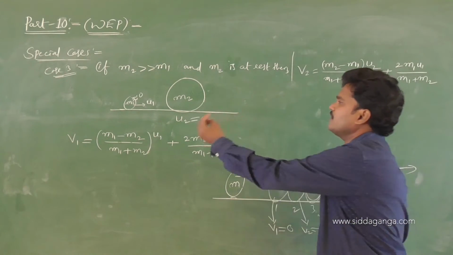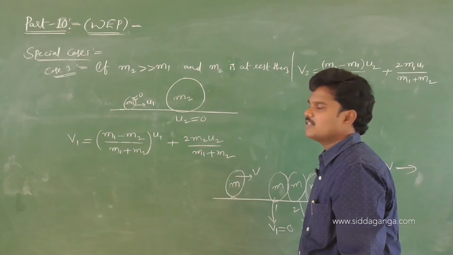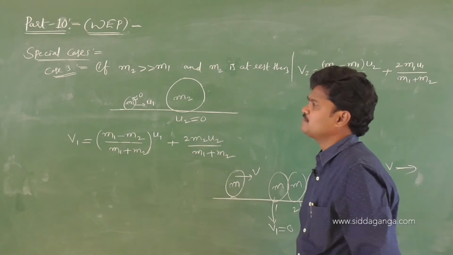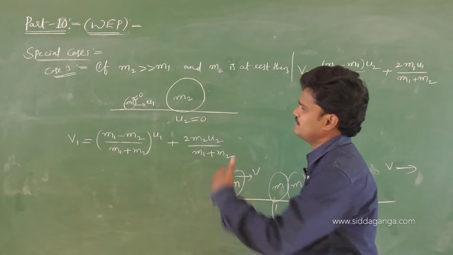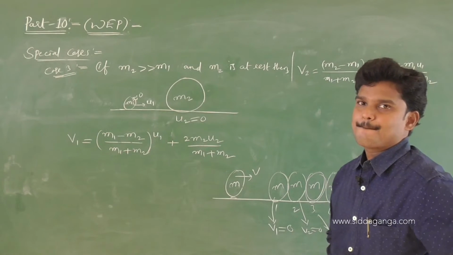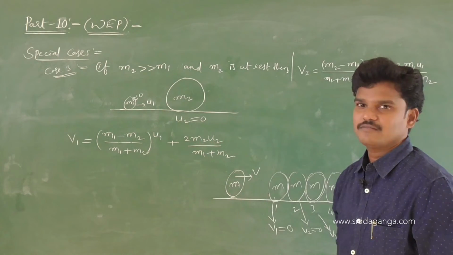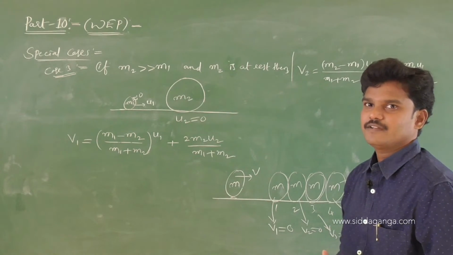Indirectly, a smaller particle hits the heavier particle. Then what is the velocity of m1 and the velocity of m2? Just substitute those conditions in the formula, you will get the answers directly.